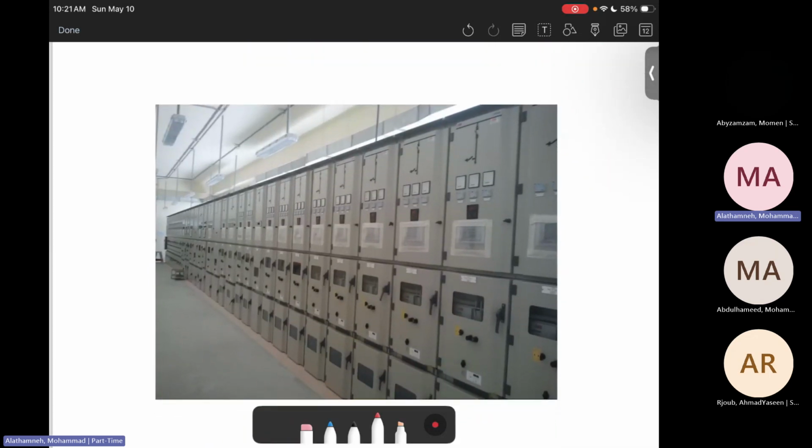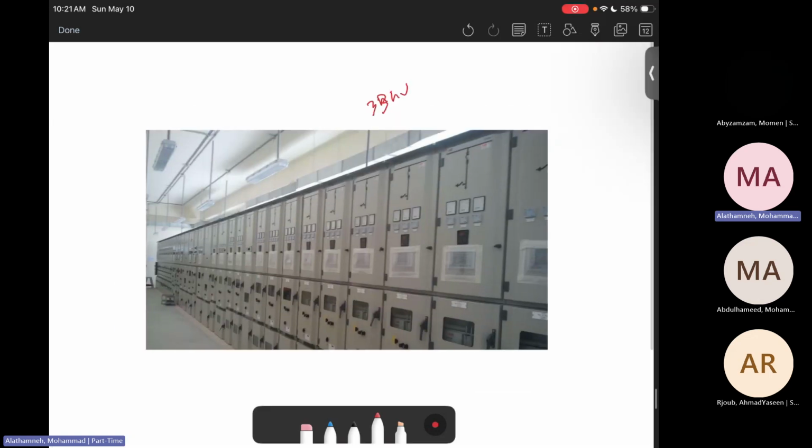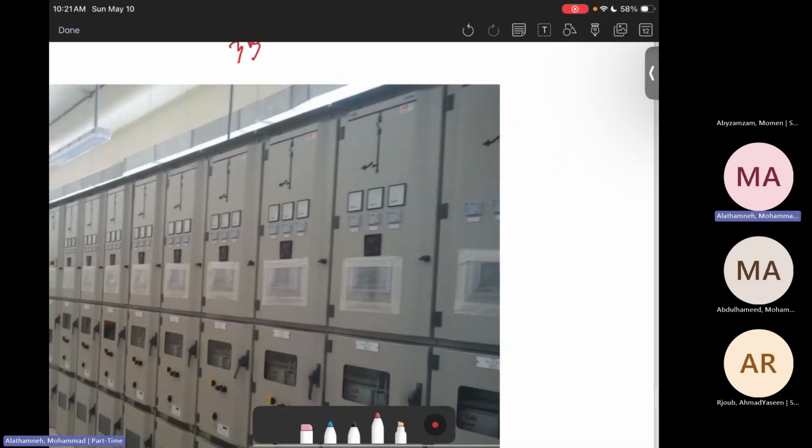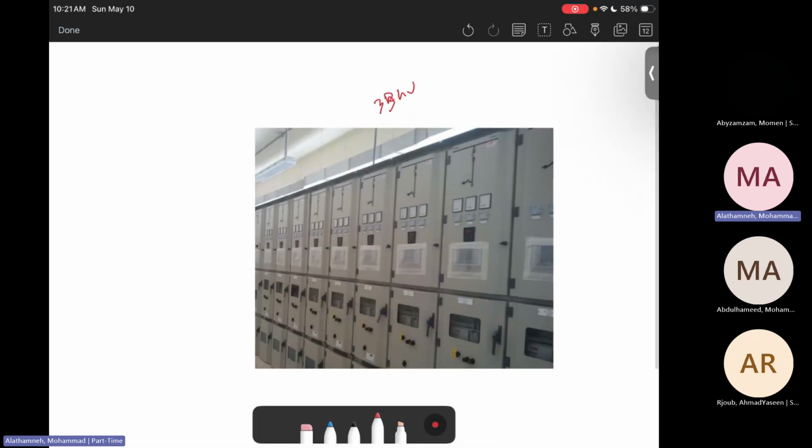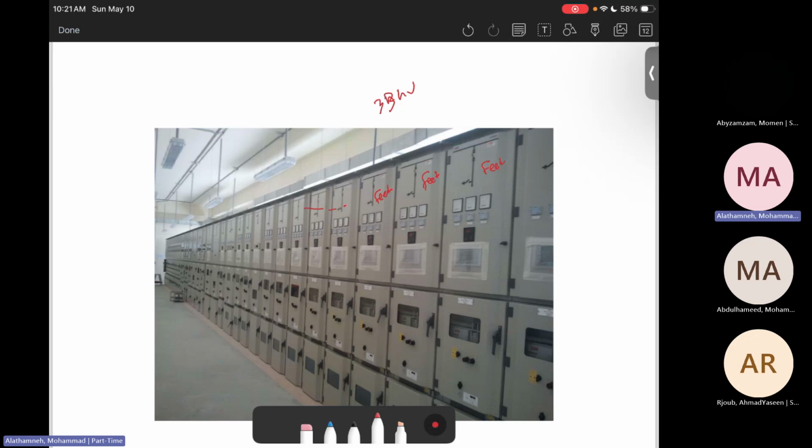Here is how it looks in the switchgear for the 33 kilovolts. You will see each line. This is a feeder, this is another feeder, another feeder, and so on. Everyone is a feeder. While somewhere here, you will see the 33 kilovolts transformer.